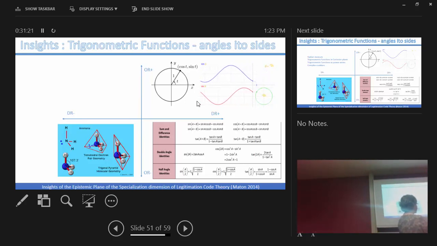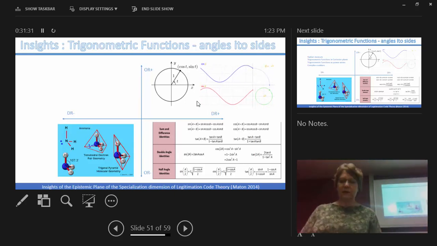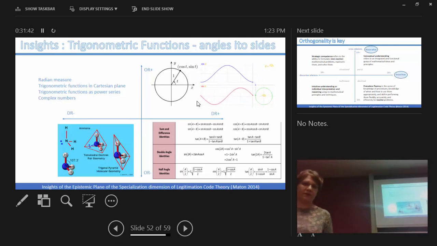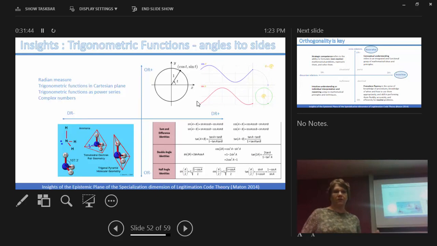And from this, you get the very many other identities that are not just the Pythagorean identities. You can find the sine of a sum of two angles, so you can go beyond 90 degrees. And that then leads us to be able to easily move to radian measure, to define trig functions in the Cartesian plane, even as power series or Taylor polynomials, and then motivating complex numbers.